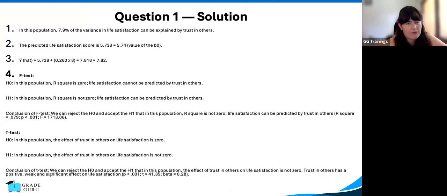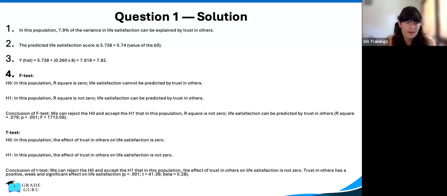Oh no, sorry, I'm thinking of the wrong variables. Okay, my bad. If you score an 8 on trust in others, then your life satisfaction score is predicted at 7.82.